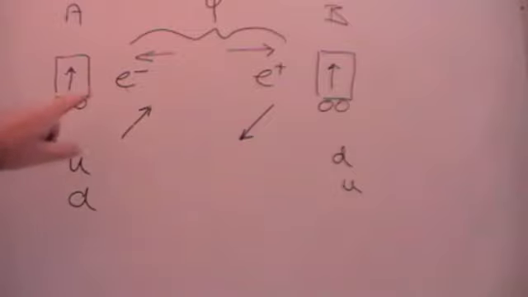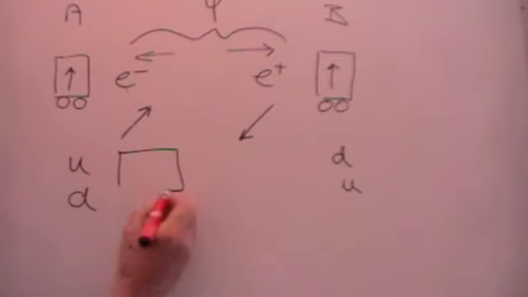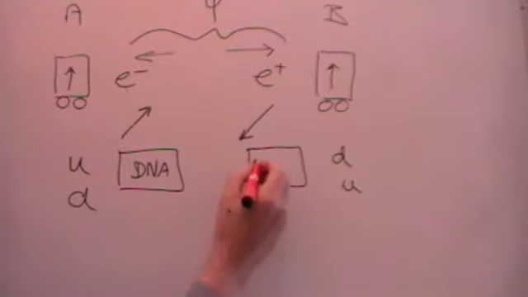But that would require instantaneous communication, and Einstein himself had already ruled that out in his theory of special relativity. So the only other explanation he could think of was that buried inside each of these particles was a kind of DNA. They're called hidden variables.